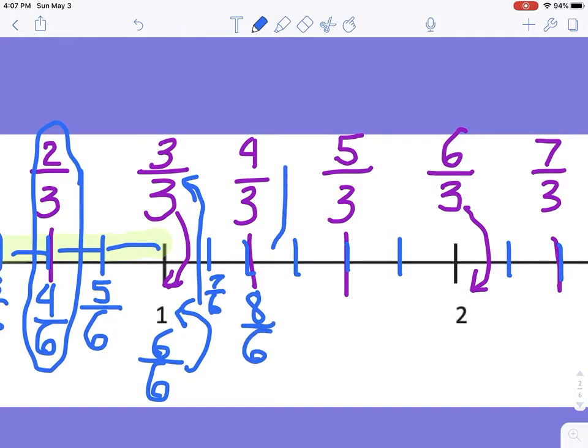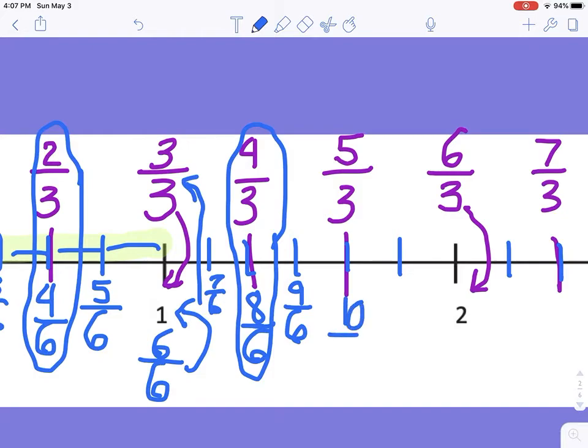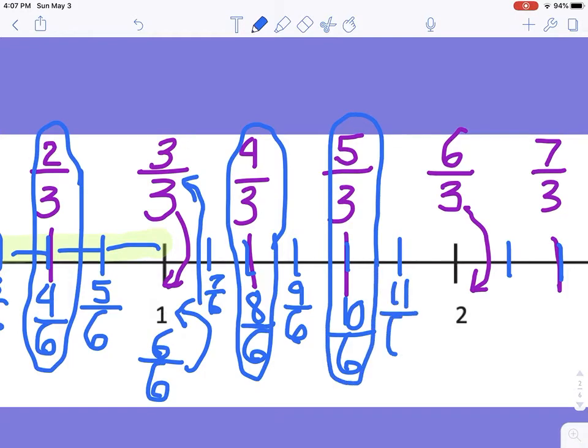Now that's also equivalent to this one, to 4 thirds. 9 sixths, 10 sixths. Okay, 10 sixths is also equivalent to 5 thirds because they fall on the same spot on the number line. 11 sixths and 12 sixths, which is also equivalent to 2 wholes or to 6 thirds.